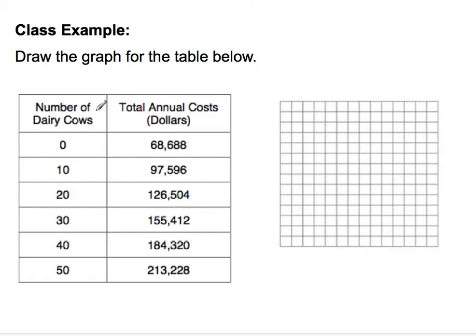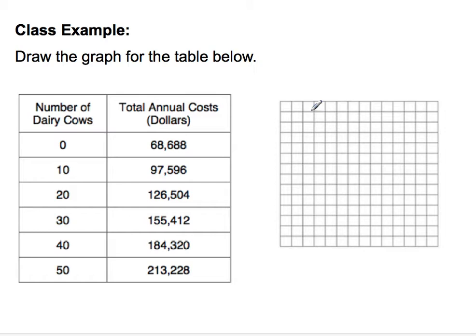Here now we have context. So there's a couple things we have to think about before we can even start our graph. First of all, where do I put my axes? Do I have to put them in the middle like the last example, or do I put them along the sides? So you have to ask yourself, do negatives make sense?